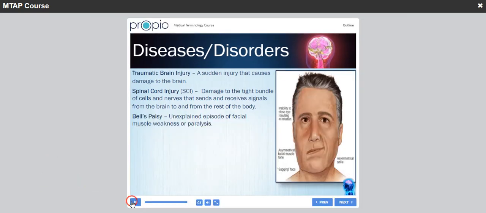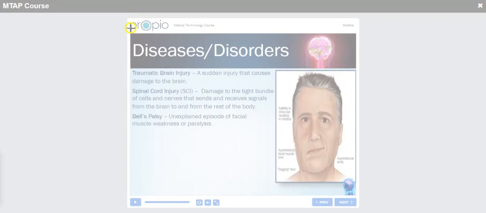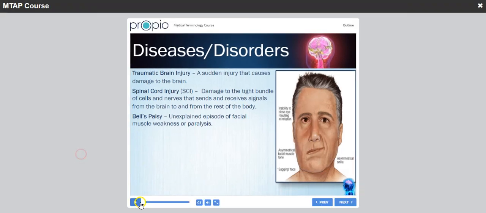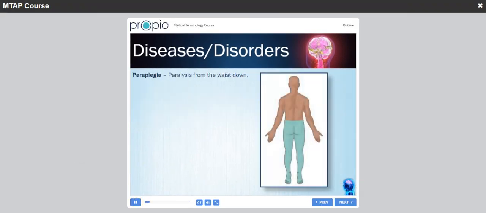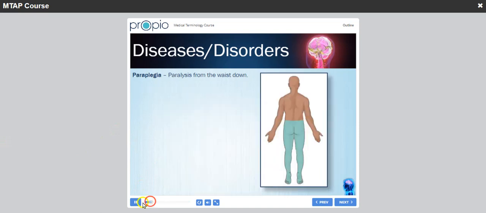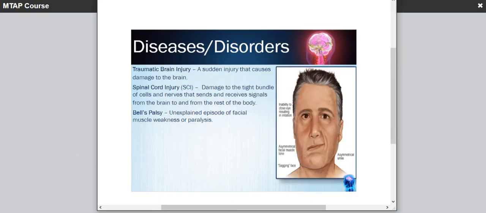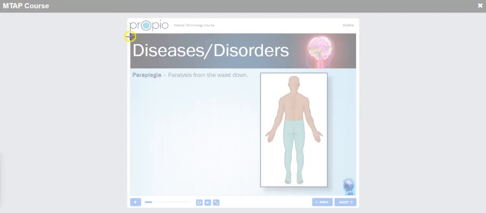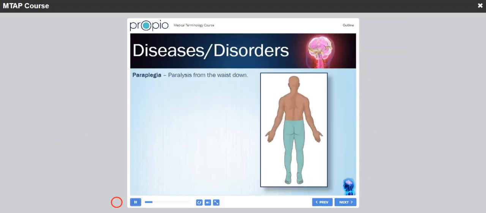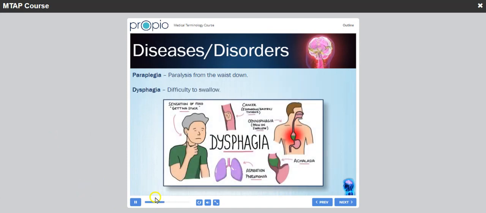Microcephalus is a neurological condition in which the infant's head is smaller than normal compared to other infants of the same age and sex.